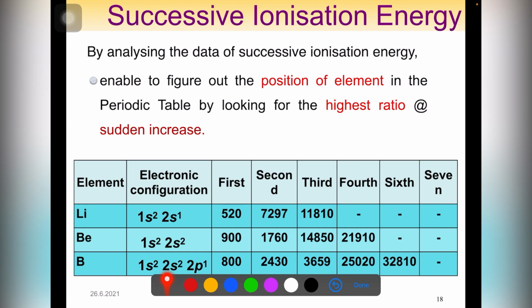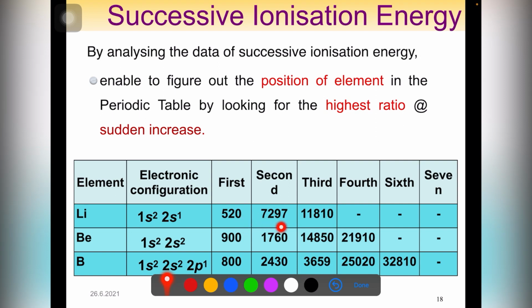Okay, it has 3 ionization energies. It shows that it has 3 electrons. So you see the sudden increase. You can see that suddenly the electron is removed with a higher energy. Between the second and third, clearly you can see that to remove the second electron, the ratio is quite large.